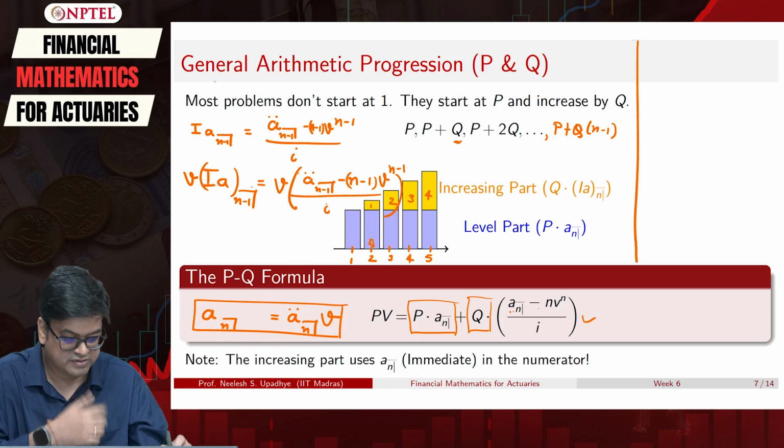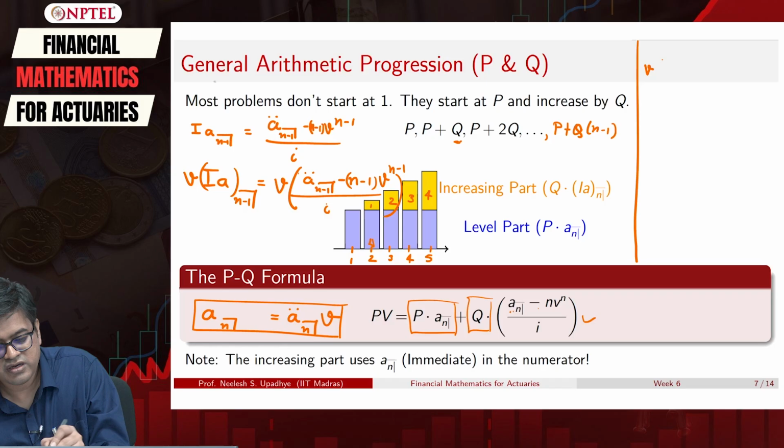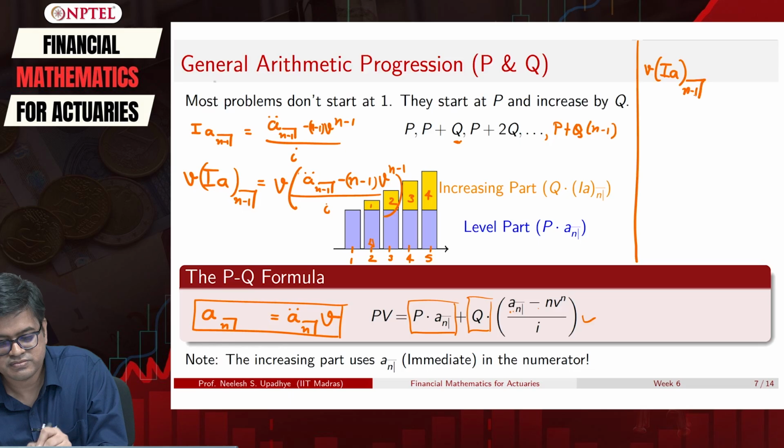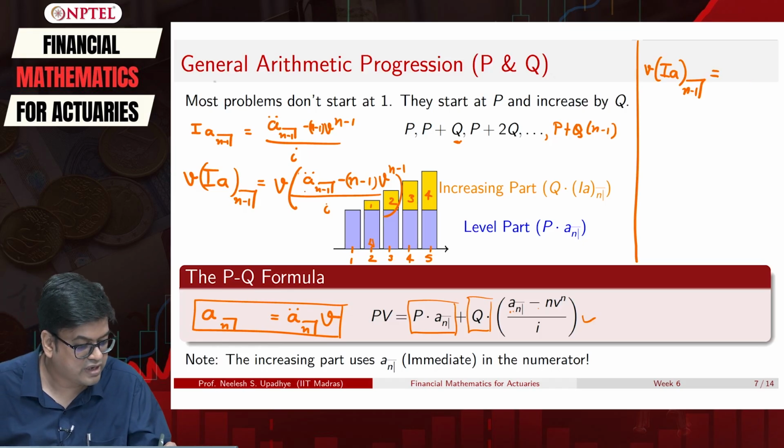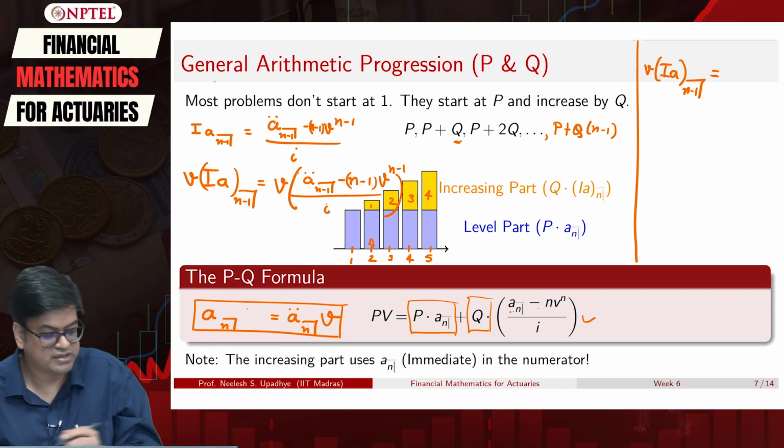So, if I have this v into (Ia) of angle n minus 1, that should be equal to, first thing is this v pushed in. So, it got into a angle n minus 1, right.